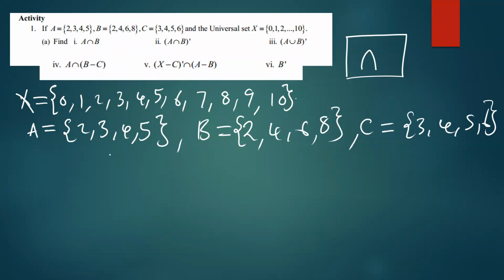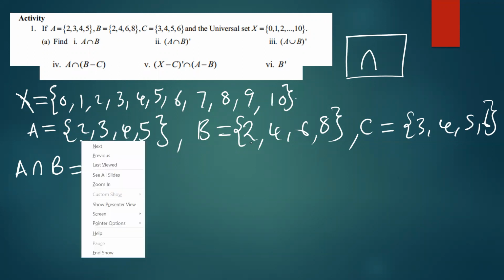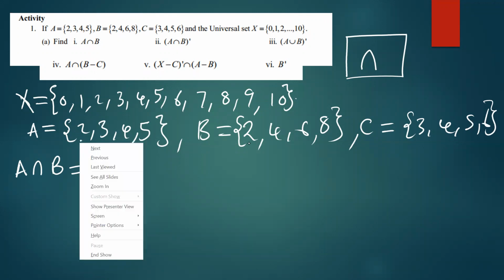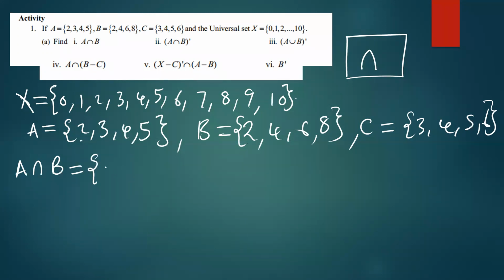The common elements between A and B are the ones that we denote as A intersection B. So this set we're trying to find is simply a set of common elements that are in A and B. The first one is 2. We have 2 in A, and we also have 2 in B. So we can write 2 there as one of our solutions.